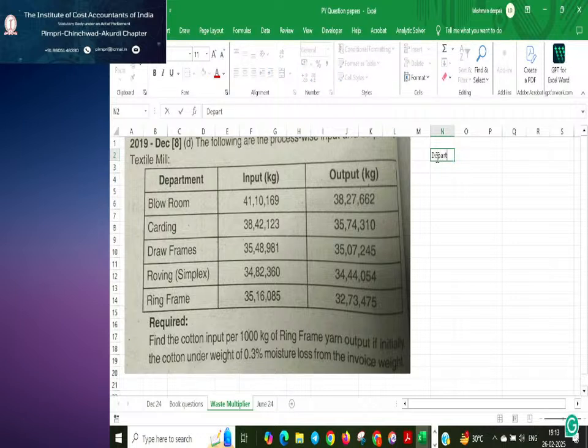So I put the departments here: blow room, carding, draw frames, roving, ring frame. And I have the inputs here.